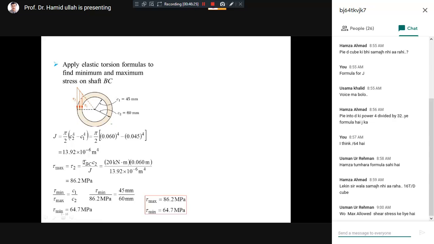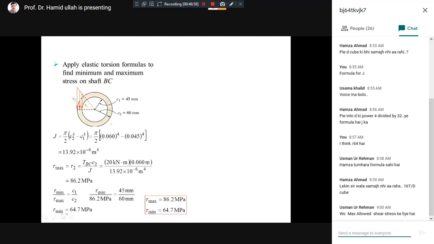We want to calculate the maximum torque. Here you can see the shear stress distribution along the cross section of the hollow shaft. Remember in the last lecture, when we discussed the shear stress distribution, we mentioned that it varies along the radial length. At the center the shear stress is zero, but when you move outward, the stress increases. At the inner surface, you can see this much stress, tau 1.